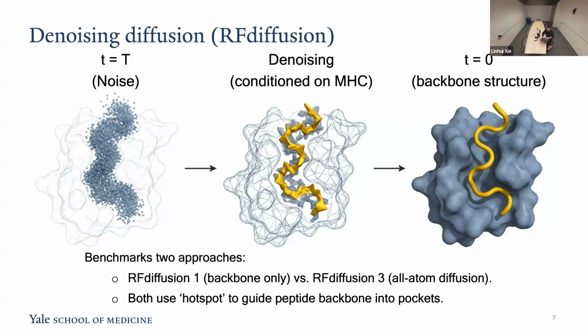RFdiffusion, released by the David Baker team, is widely used for protein binder design. For our peptide designs, we went through different tools like BindCraft and RFdiffusion 1, 2, and 3, and we ended up focusing only on RFdiffusion 1 and 3 because they provide high performance on peptide designs.